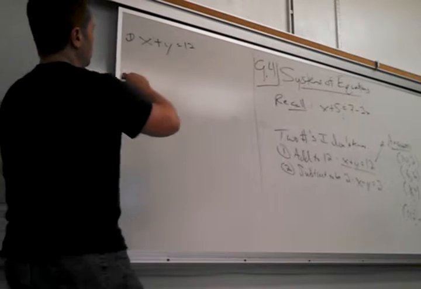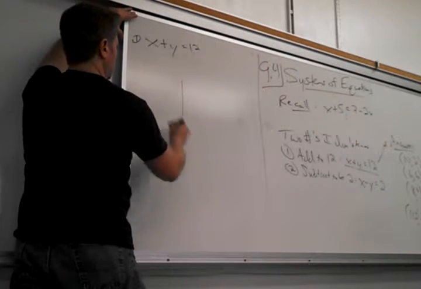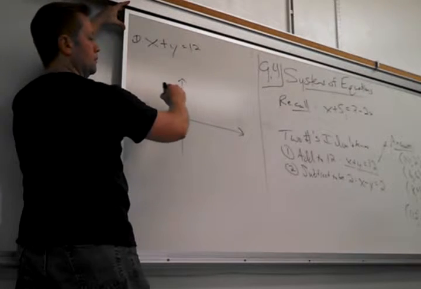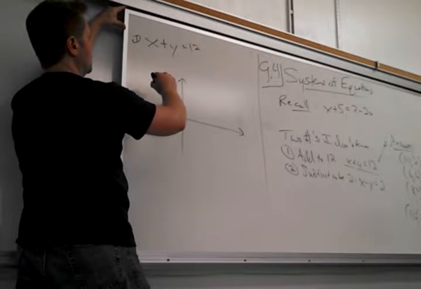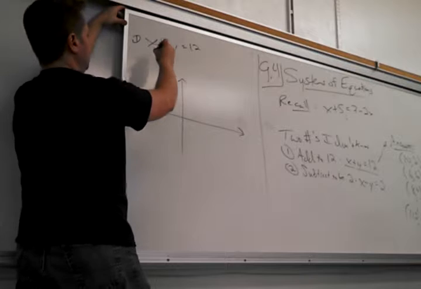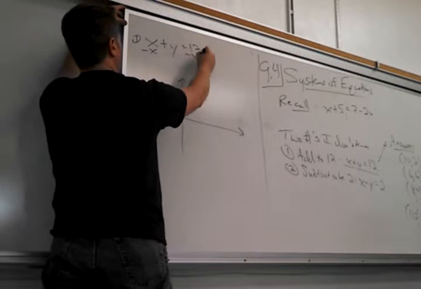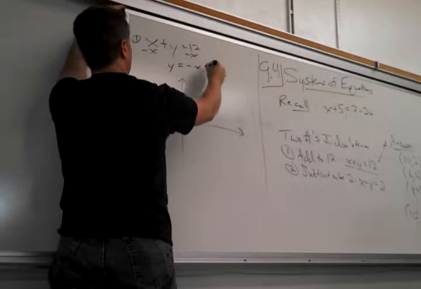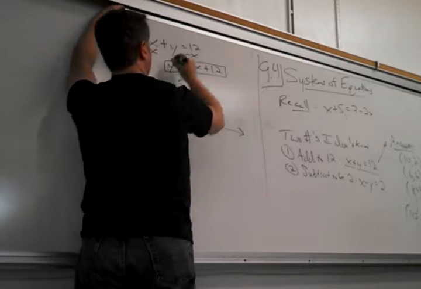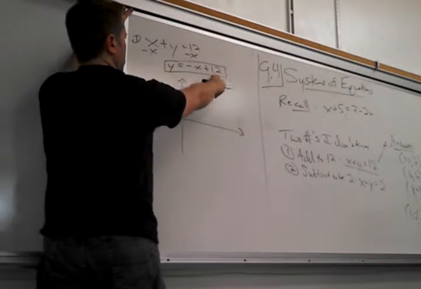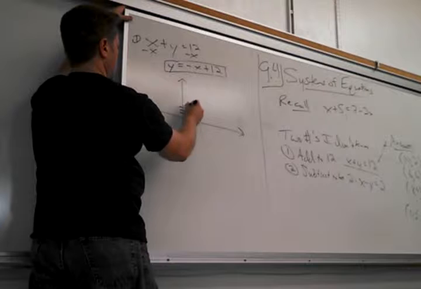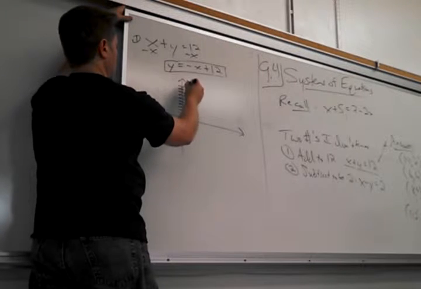All right. So how do I graph this? What's the quickest way to graph it? So let me get you all doing the same thing. Ready? You want to solve for y, because then what do I know? Good. 12 is the y-intercept, right?